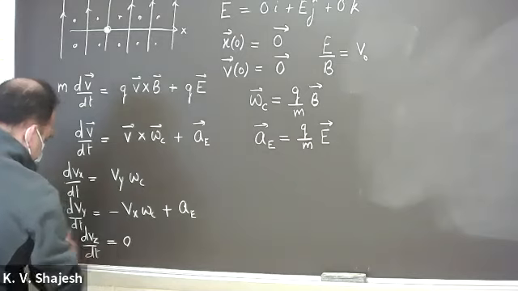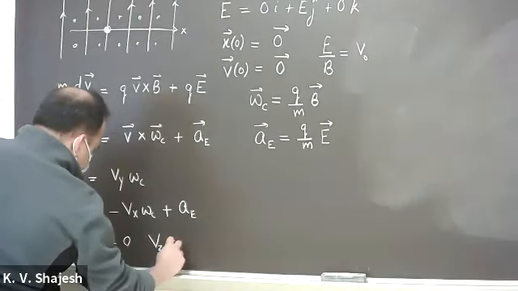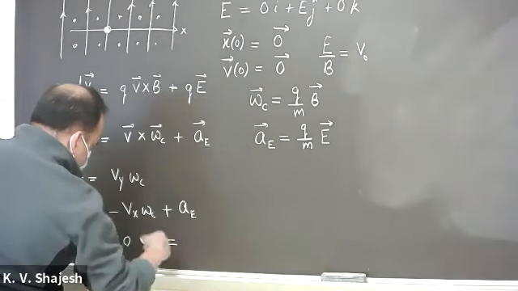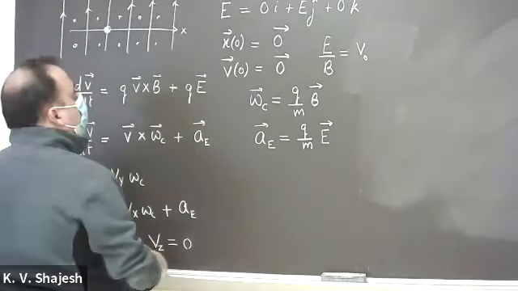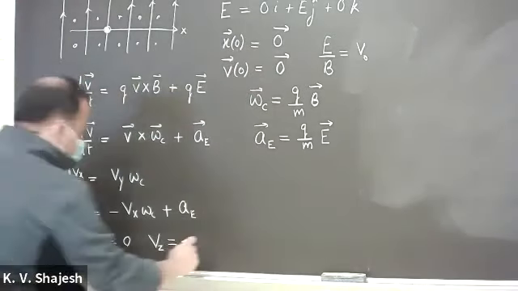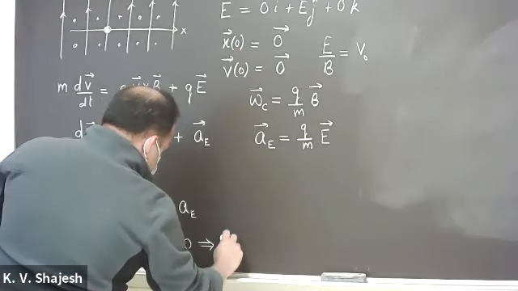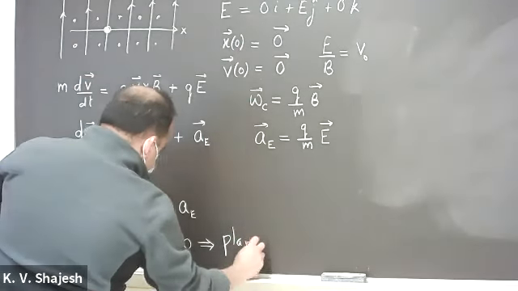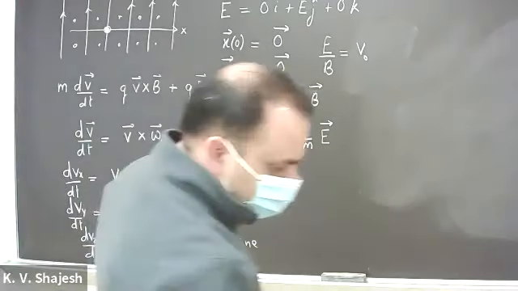So the velocity in the z direction is a constant, and at t equal to 0 it is 0, because we started with initial velocity 0. That means the motion is in a 2D plane, so we are only worrying about the x and y directions. Those are our two equations, and let's try to work on them.